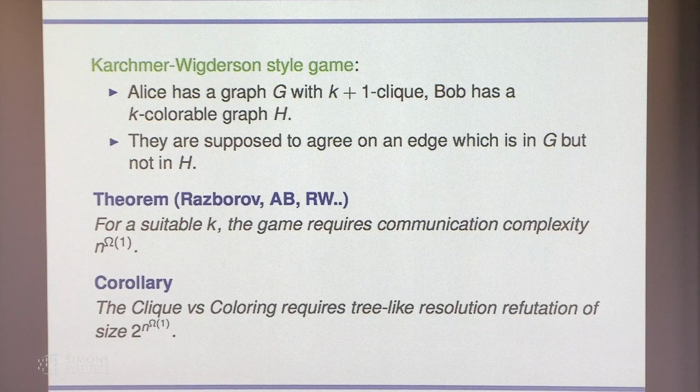So if you have any graph G, which has a k plus 1 clique, and a graph H, which is k colorable, there must be an edge in this graph, which is not in this graph.